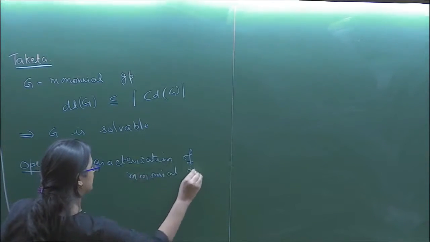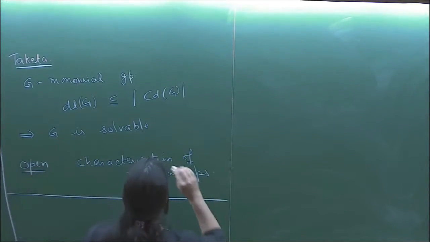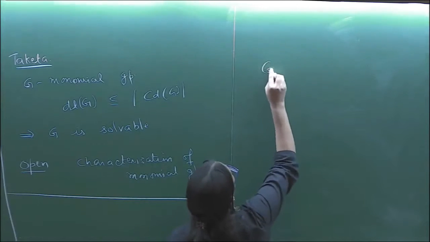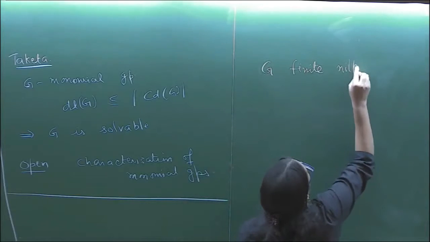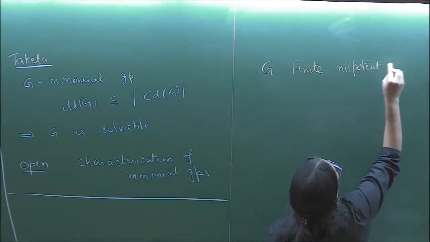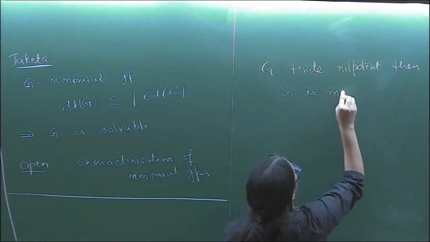But still, I can start looking at certain kinds of solvable groups and ask whether they are monomial groups. For example, if I take G to be a finite nilpotent group, then these groups are monomial groups. I'll indicate the proof of that, but not now, later. So if G is finite nilpotent, then G is monomial.